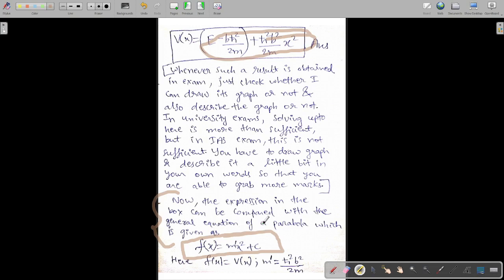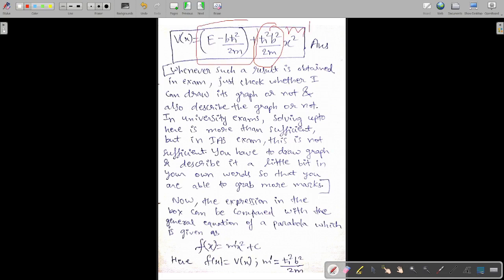Here f of x is equal to v of x, and m dash is equal to, basically you are comparing this term to m dash, this term to c, and this term to f of x.